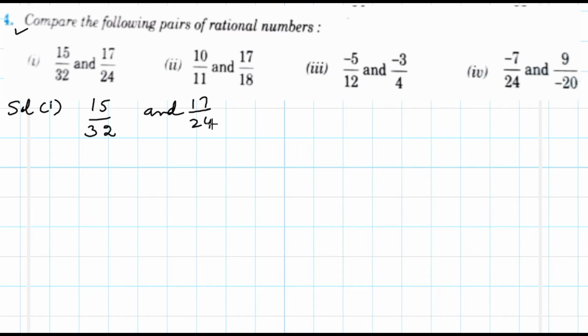So students, for comparison, first we will take the LCM of the denominators, right? So the LCM of 32 and 24 is 8 4 ja 8 3 ja 4 3 ja 12, 8 ja 96. So the LCM is 96, right?